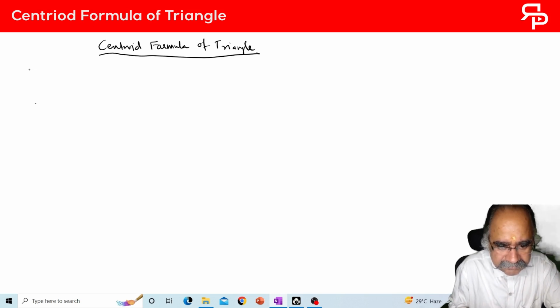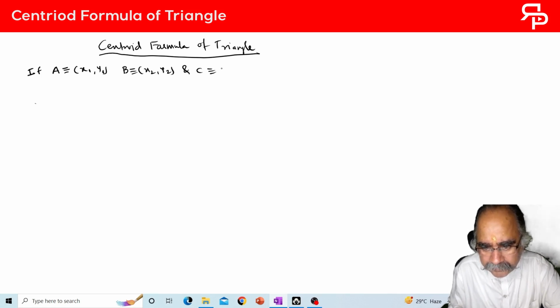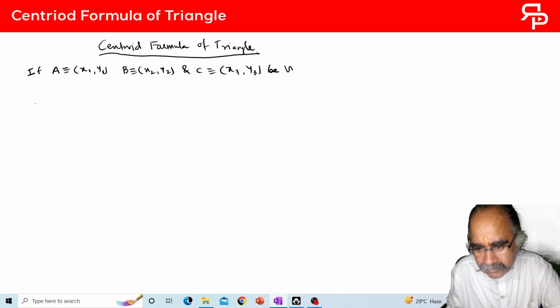The statement is: if A corresponds to x1, y1, B corresponds to x2, y2, and C corresponds to x3, y3, are vertices of triangle ABC.